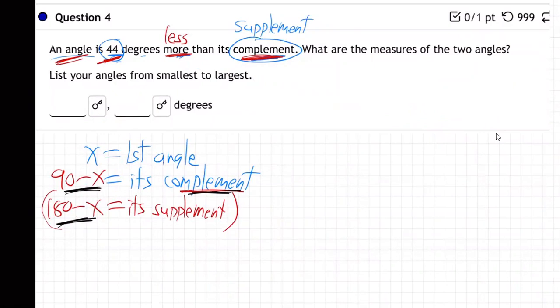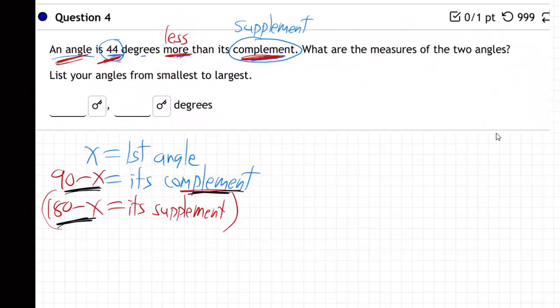Either way, that's their difference, right? If one brother is 3 years older than another brother, then that's the difference in their ages. That means if you subtract their ages, you'll get that answer, won't you? If one is more or less than the other, that means when you subtract them, you'll get that answer.